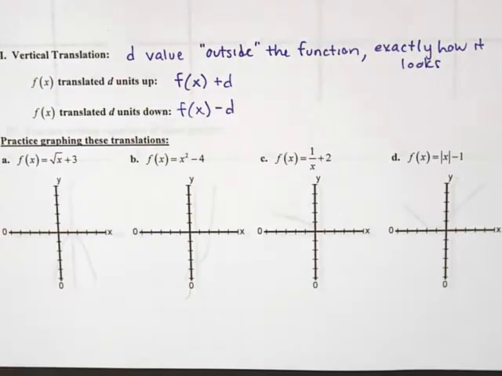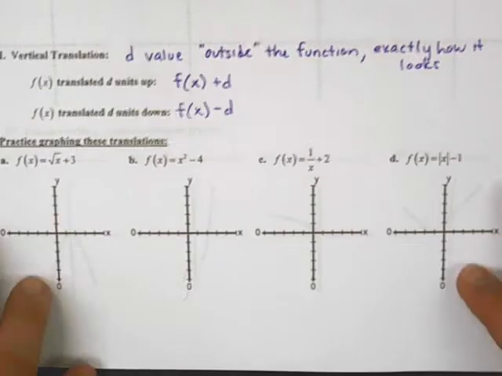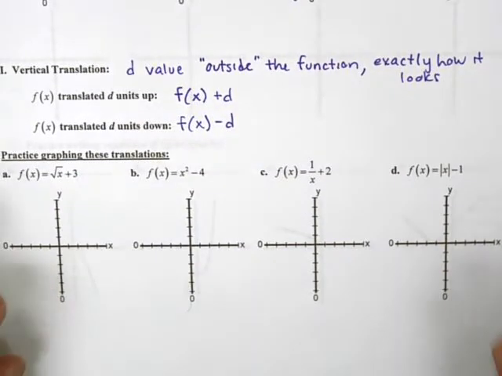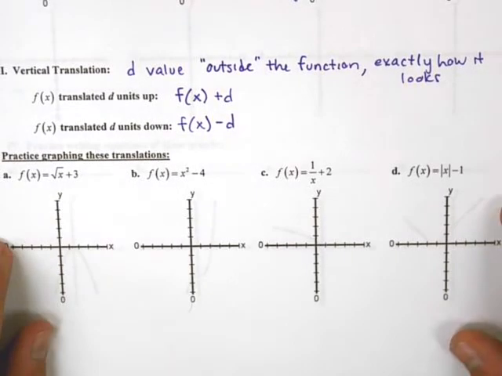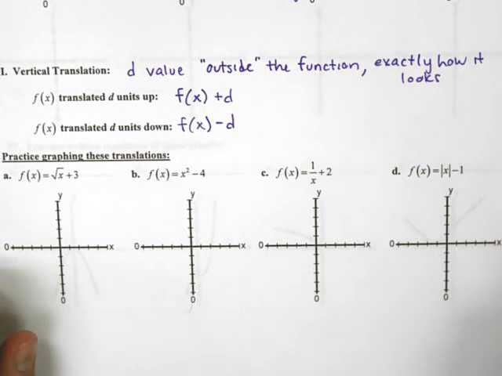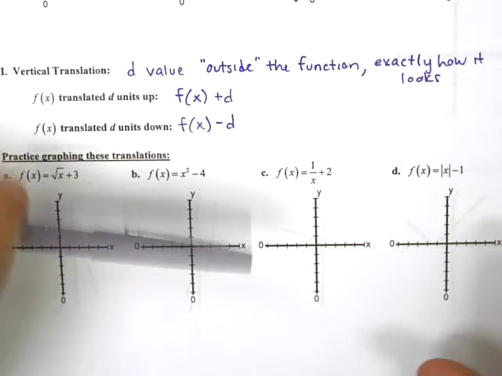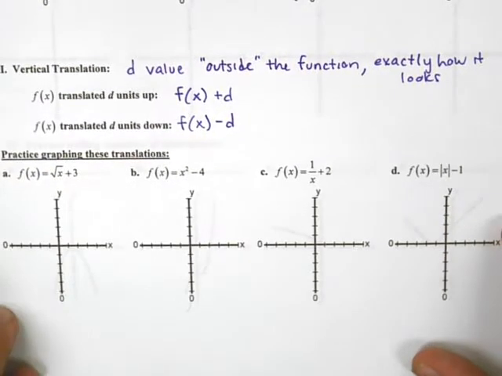All right? What you will start to learn and hopefully understand quickly is that anything that has to do with horizontal translations will always be inside the function. Everything that has to do horizontally will be inside the function. And then, conversely, anything that has to do with vertical shifts or vertical stretches, anything that has to do with the y values, will be outside the function.